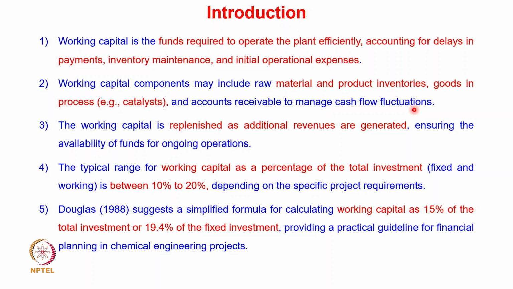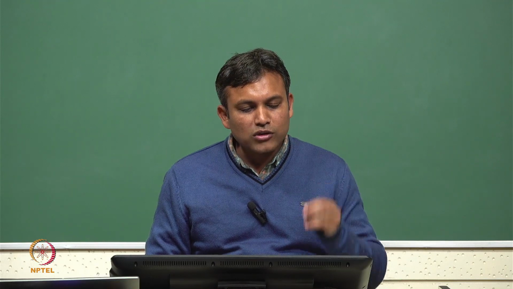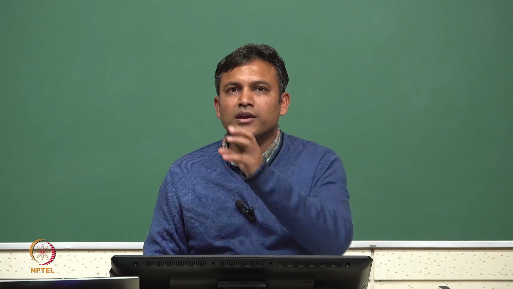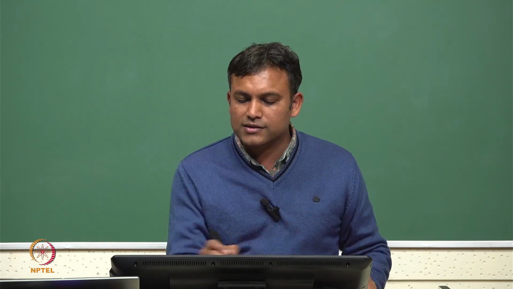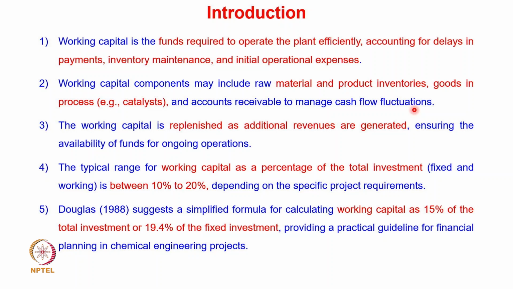So whatever the cash flow fluctuations are occurring in the industry, that are accounted through the working capital. So working capital will be nothing but some fixed amount of money is reserved for the working capital, and through that all these different cost factors are accounted.